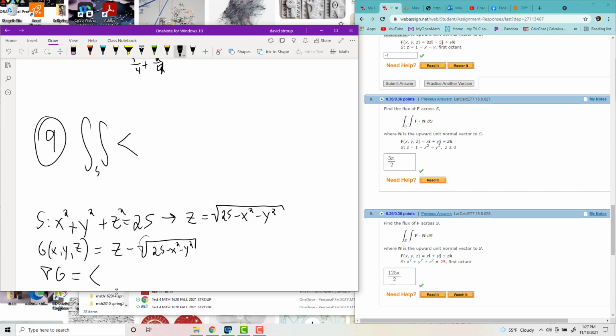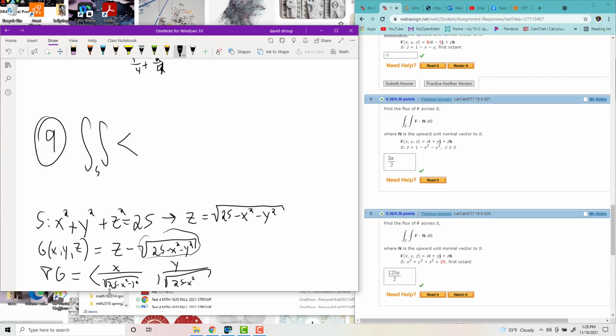So the derivative of g with respect to x: firstly, the derivative of z is going to be 0, but then I need to take the derivative of that square root portion. Long story short, it's going to be x over the square root of 25 minus x squared minus y squared.